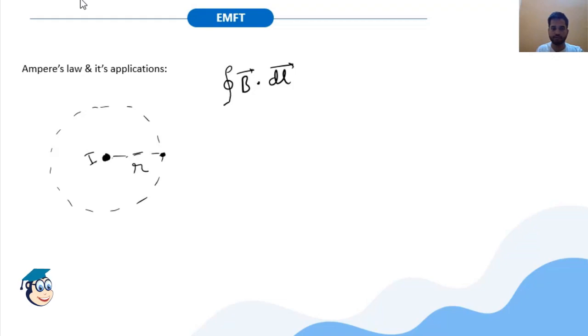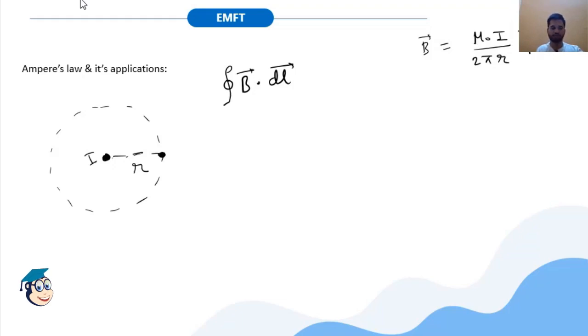So what would be the magnetic field at a distance r, at this point? We know the magnetic field due to an infinite wire is given by mu naught I over 2 pi r. And what would be its direction? Its direction is in the phi cap.